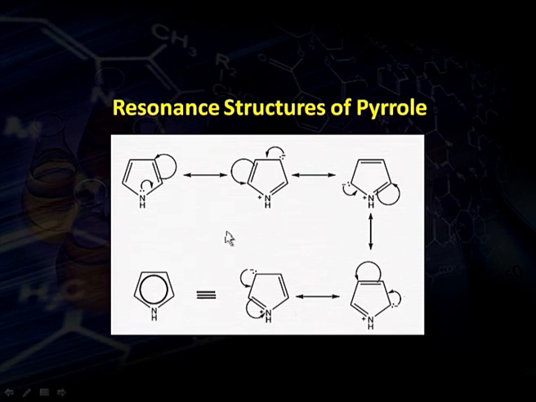Now, you might have studied that in benzene there are 2 such structures in which there is no charge separation, that is Kekulé structures, which are more stable in comparison to other canonical forms. So, as in benzene there are 2 more stable structures which are contributing to the resonance hybrid of benzene, while in pyrrole there is only one structure there. That is why pyrrole is more reactive in comparison to benzene, and its resonance energy is less in comparison to benzene.